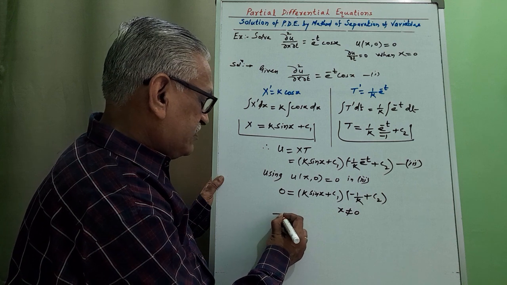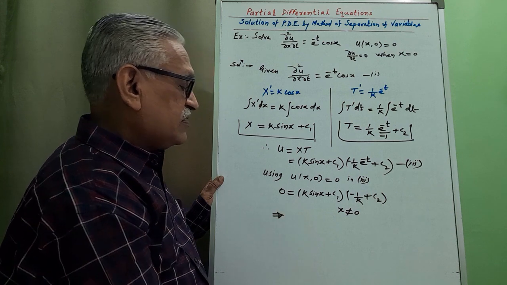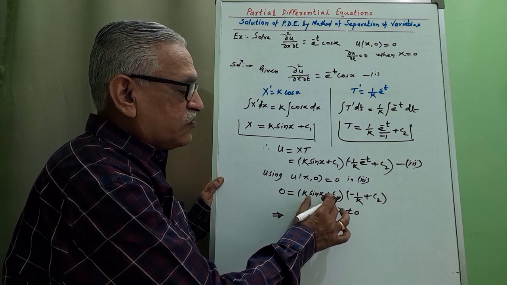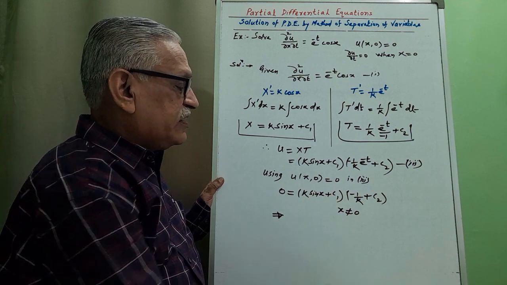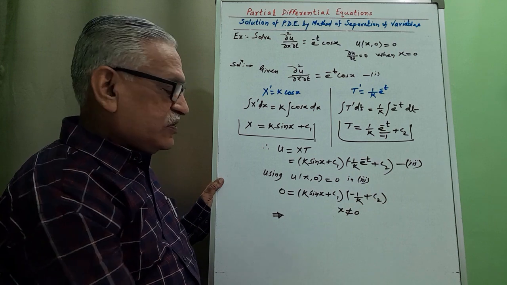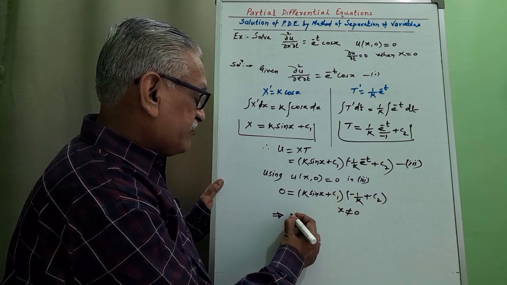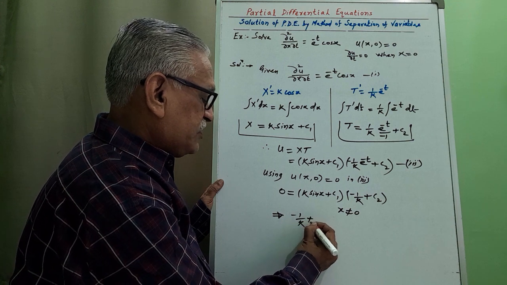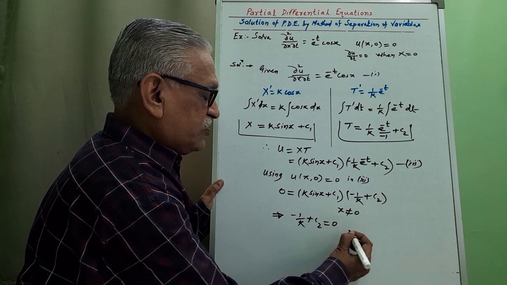It implies if this term is not equal to 0, second term must be 0, and therefore we get minus 1 by k plus c2 is equal to 0.